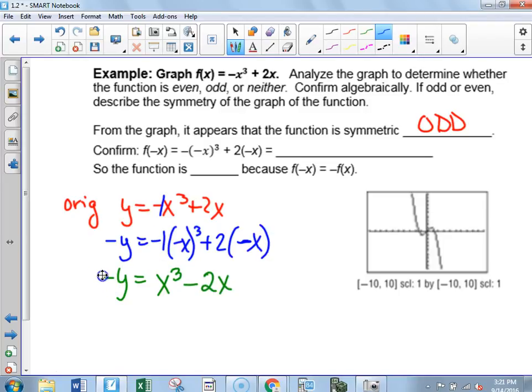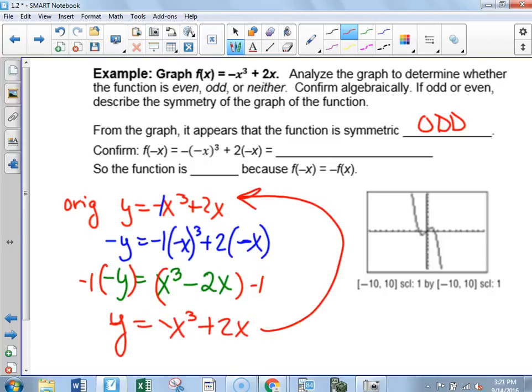Multiply or divide by a negative so that I get back to a +1y. What will I get? Anybody? This will become positive, this will become negative, positive. Is that what we started with? So we just algebraically proved that this function is odd, okay?